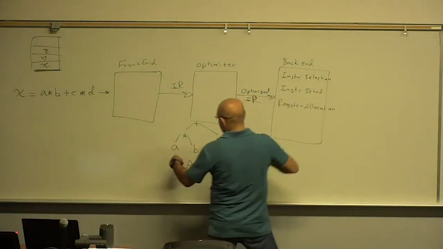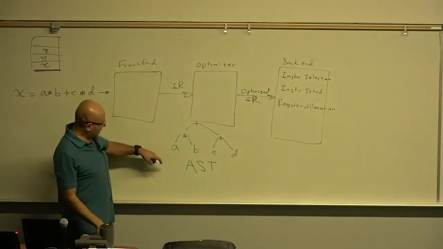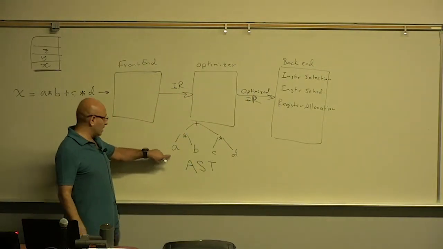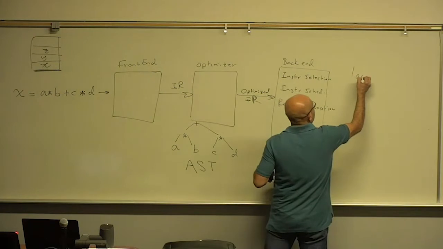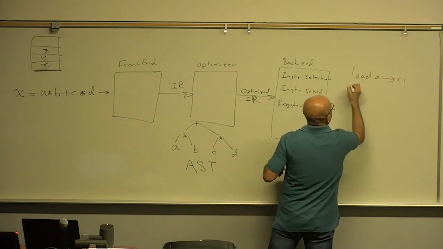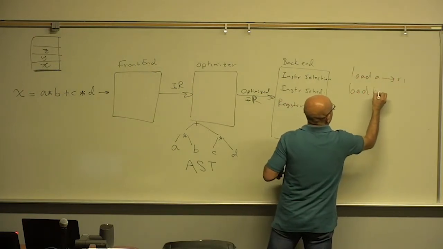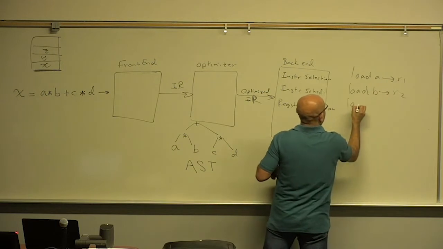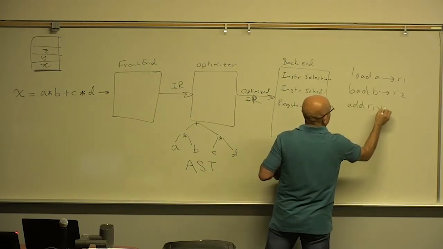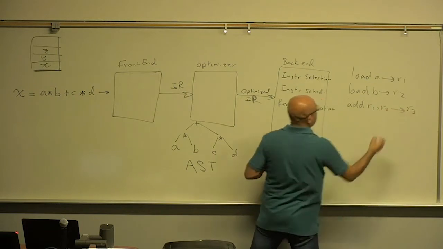Like in this case, what will the assembly look like? You have all of these variables, so you're going to load them. For example, load A into register 1, load B into register 2, and then add register 1 and register 2 and put the result in register 3.